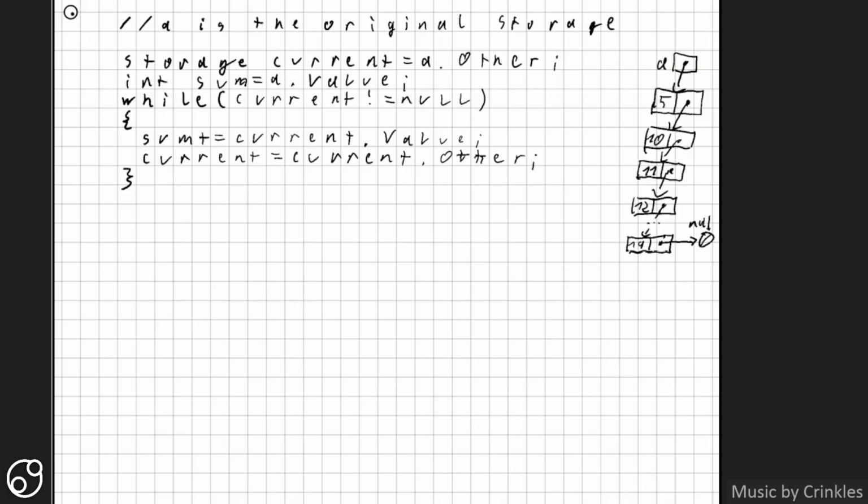And all without having more variables than just A, T, and current. Well, and sum. But we didn't need an A, B, C, D, E, F, G, H, and so on. All of the data is stored on the heap without us knowing ahead of time how much space we are actually going to use.